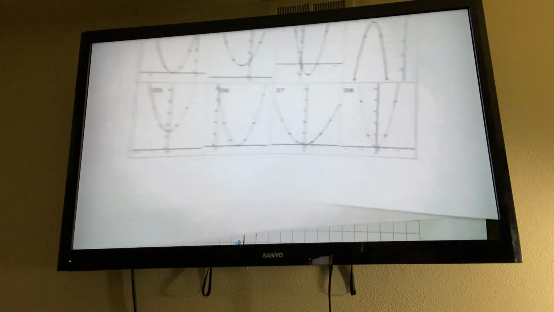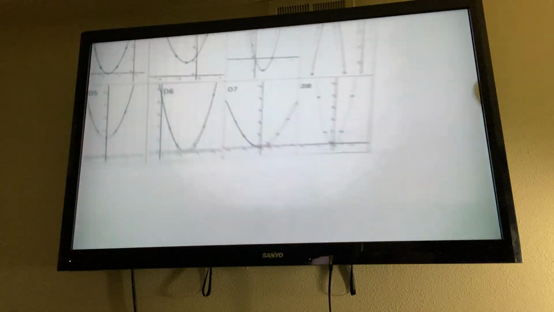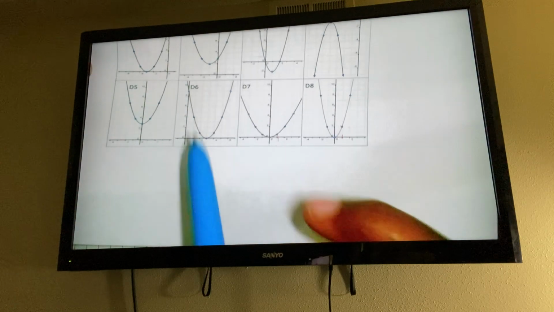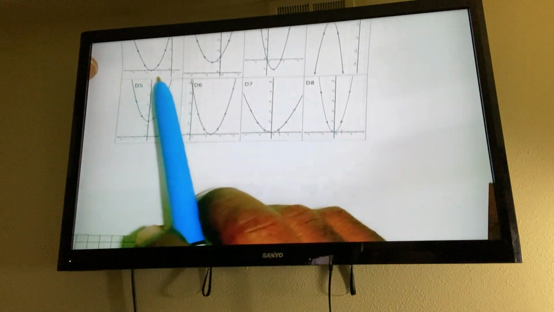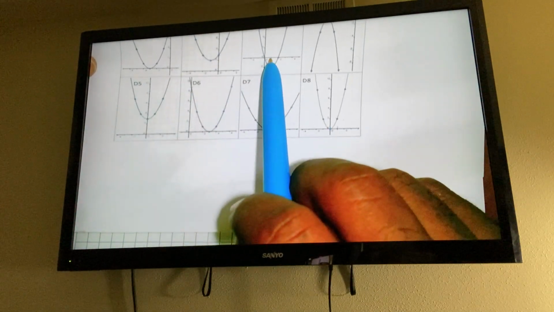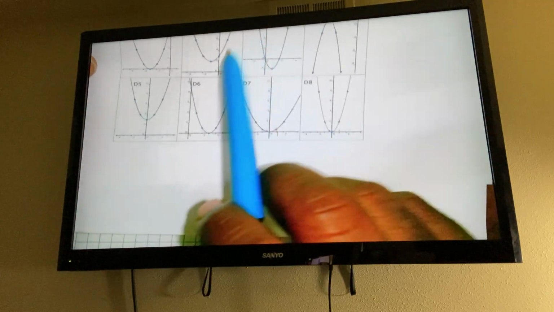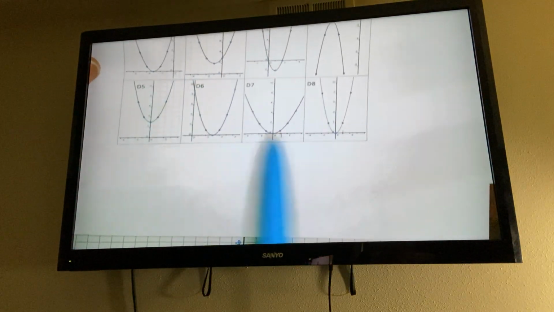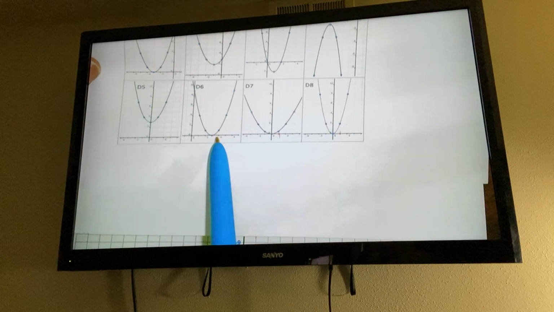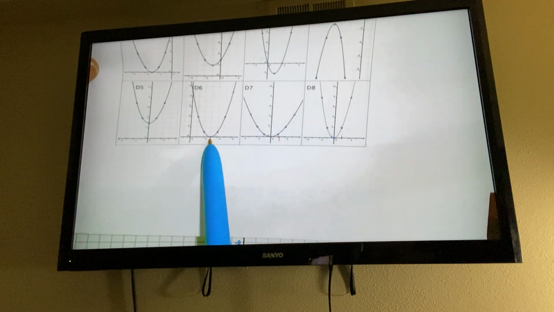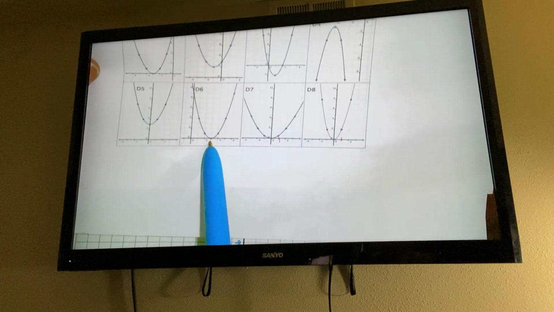Okay, first of all, we look for the vertex, and we know that it's going to be 0, 1. So that's not it, that's not it, that's not it. That's on 0, but that's 0, 3.